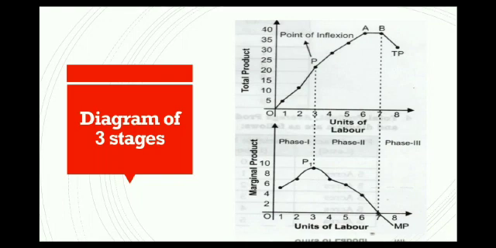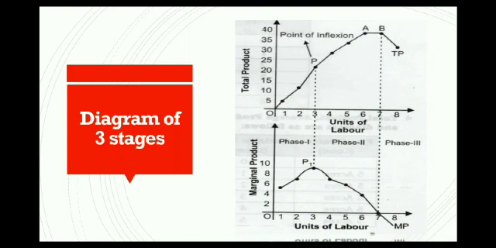Phase 2, that is stage of diminishing return. The total product TP continues to increase but at a diminishing rate and eventually becomes the highest. MP is diminishing but is positive.